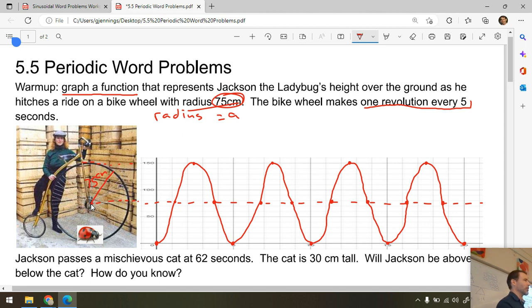How high would the horizontal axis be in this case? Yeah. But is it 75 high because the radius is 75? Would that be true of, say, a Ferris wheel? The horizontal axis also be the same as the radius? Lily, you're shaking your head. Why?